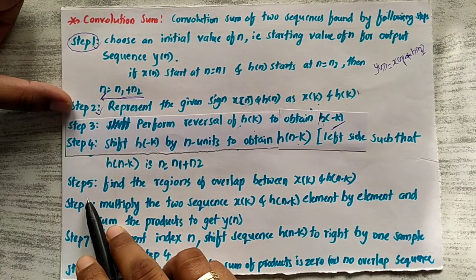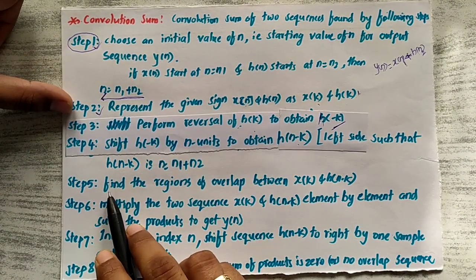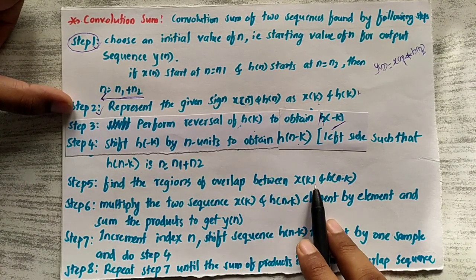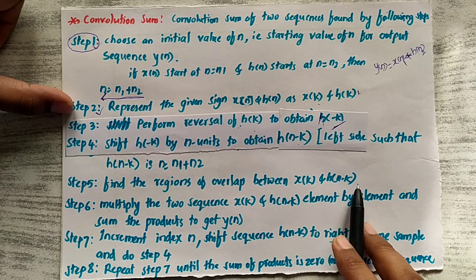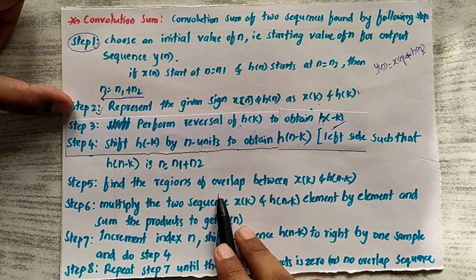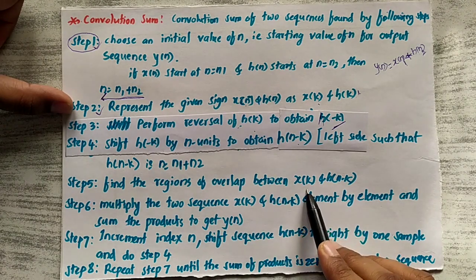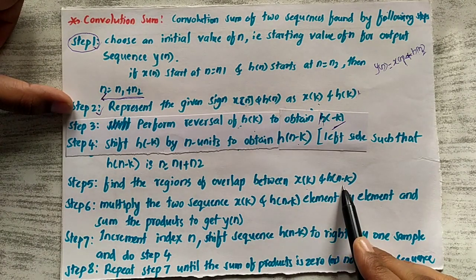Then in step 5, find the regions of overlap between x of k and h of n minus k. So we have to look for the overlapping, which means common n indices between the x of k signal and the h of n minus k signal.